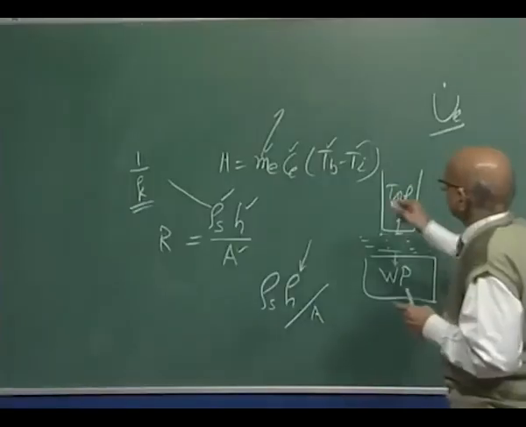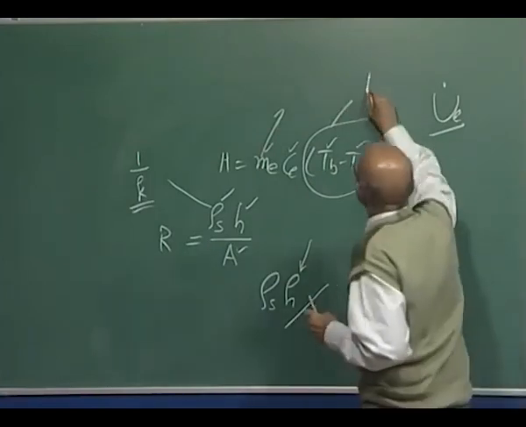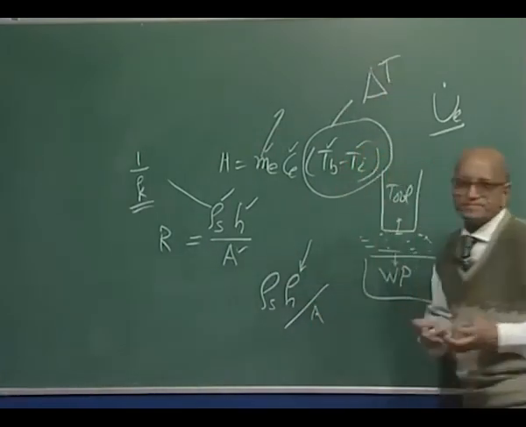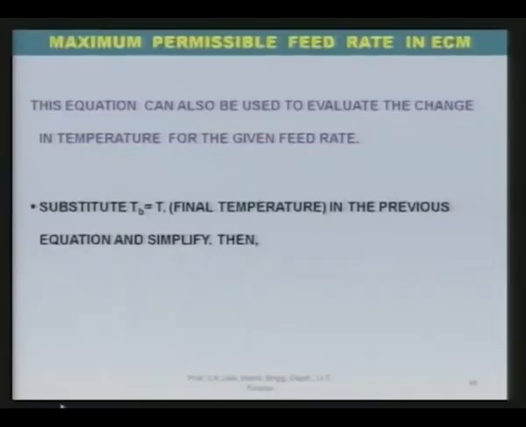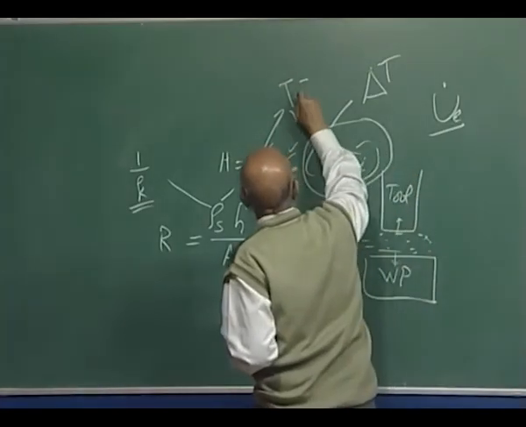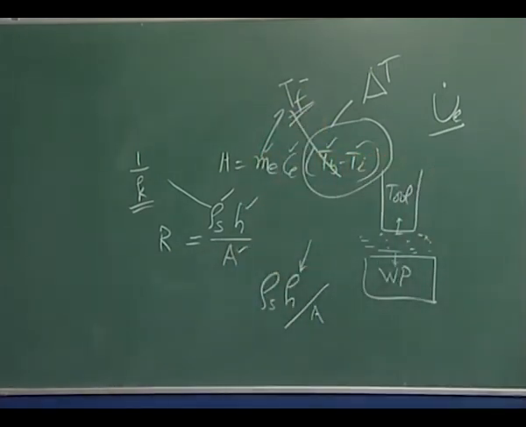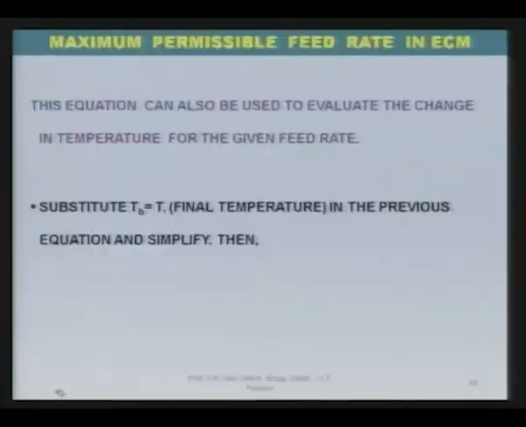Change in temperature is nothing but Tb minus Ti, which you can represent as delta T. So, substitute Tb equal to Tf. Now, when we are finding the change in temperature, it is not necessary that the temperature of the electrolyte reaches the boiling point every time. So, in place of Tb, you can use Tf, the final temperature of the electrolyte, in the previous equation.